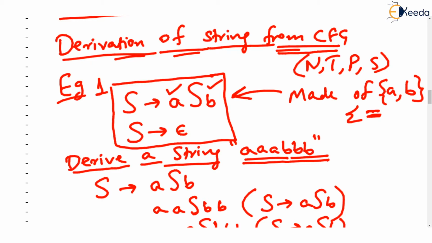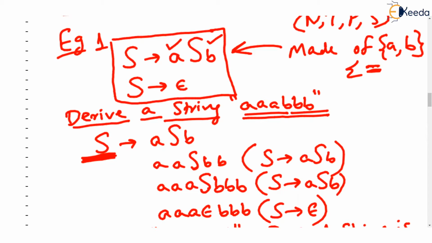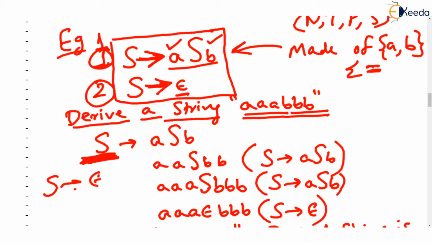Remember, derivation always starts from the start symbol, and the start symbol is S. In the given CFG, there are two options for S. You can replace S with the right hand side ASB, or you can replace S with epsilon. But if we replace S with epsilon, the derivation ends here because epsilon doesn't derive anything, and we want triple A followed by triple B.